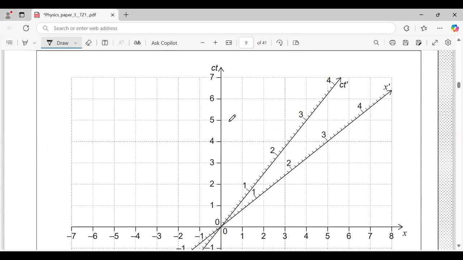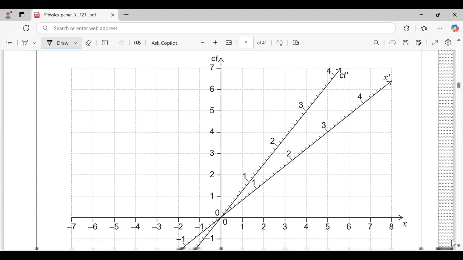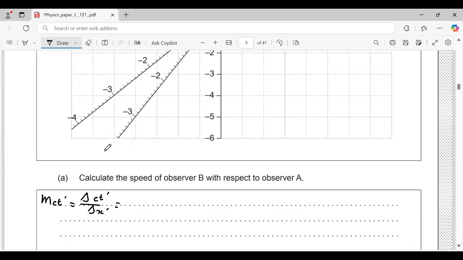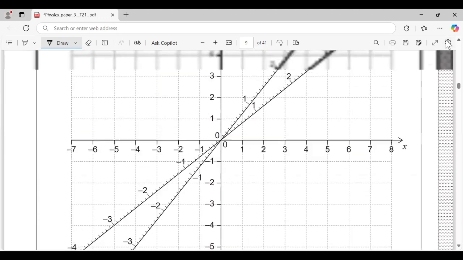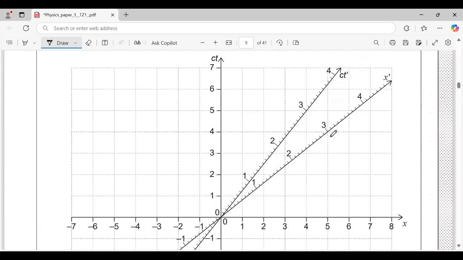So delta ct is 5 and this is 4. And after that, the gradient or slope of the x prime axis is delta ct over delta x, this one, 4 over 5.